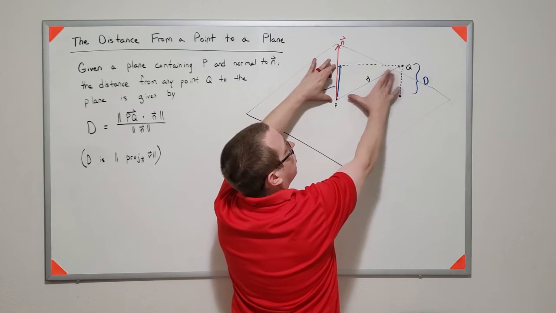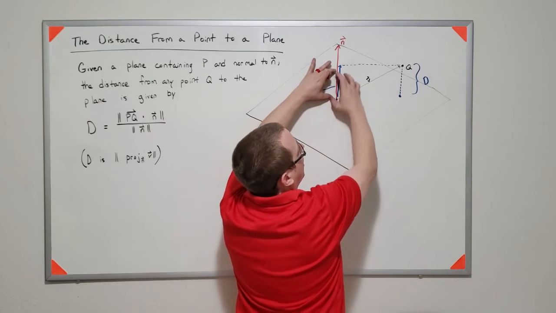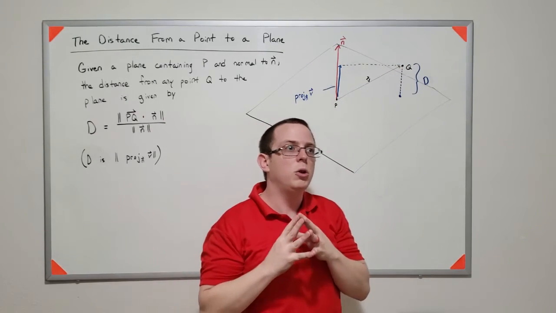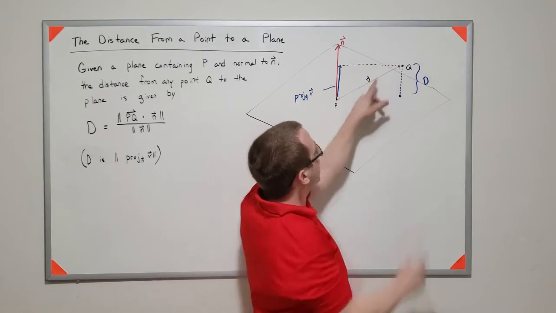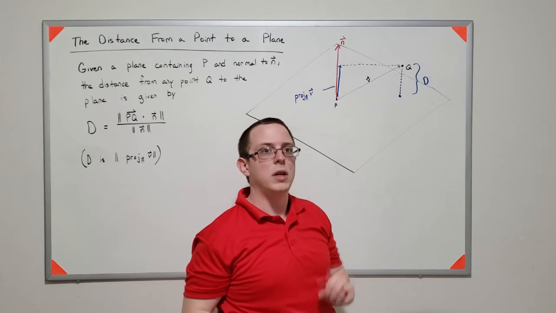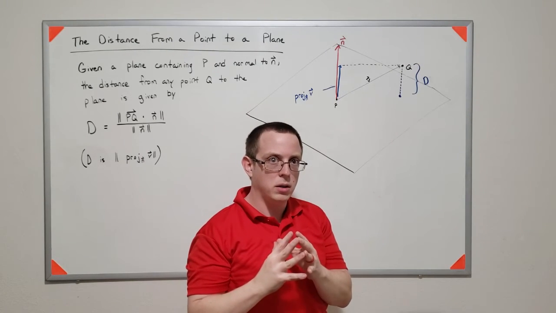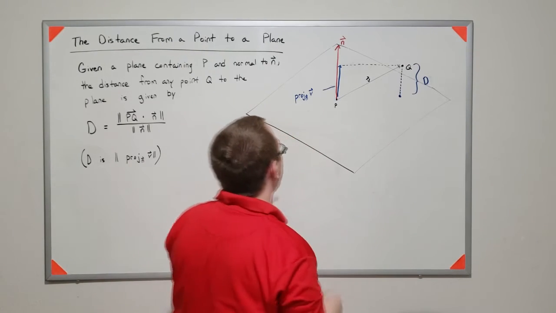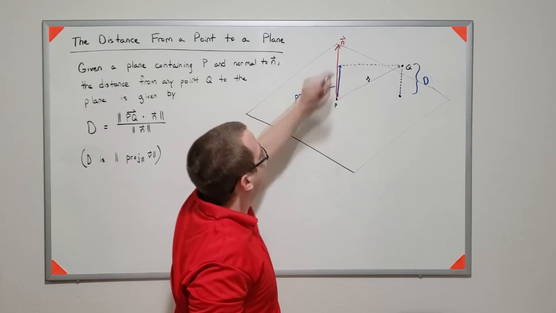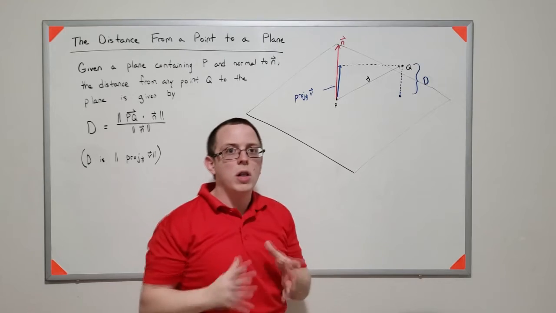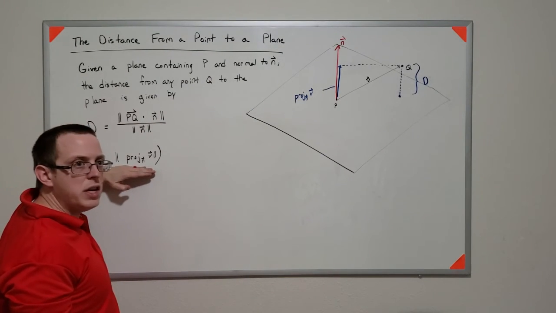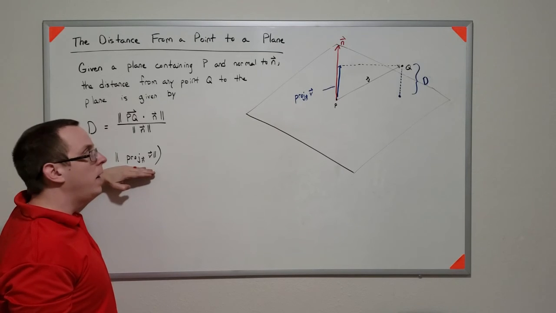By knowing that the projection of this vector onto the normal is the distance we want, we can say, oh, that's just the projection of V onto N. So all I need to do is get the magnitude of the projection of V onto N.